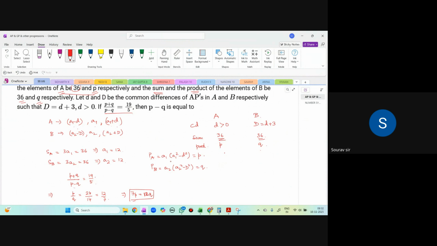So now here you already know A1, A2, both are same, 12 and 12. So you divide one by the other. So A1 by A2 will cancel out. So P by Q will be A1 square minus D square by A2 square minus capital D square. And this is 12 by 7.